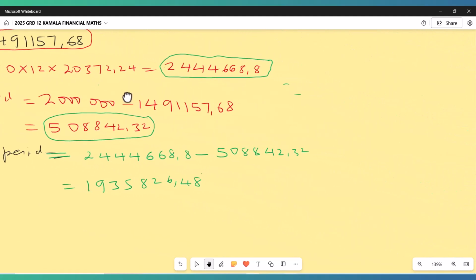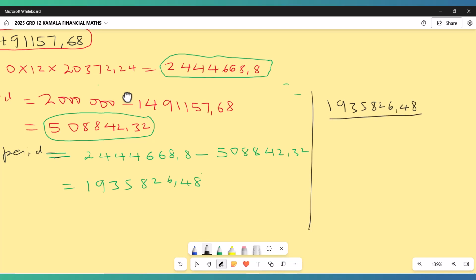So we divide this interest, 1,935,826.48, by the money paid, 2,444,668.8, then times 100.